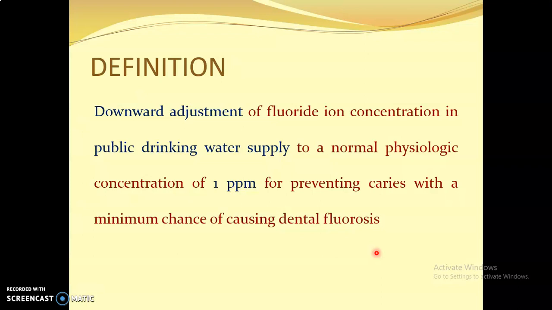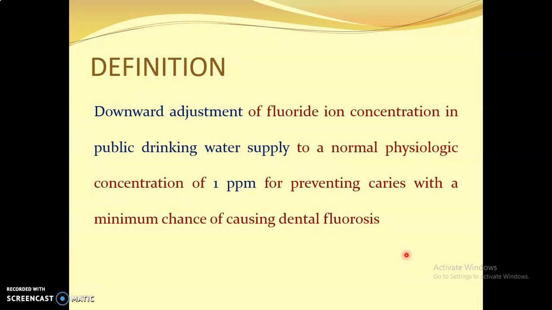That is what we discussed in the last class regarding the mechanism of action of fluorides in caries prevention. It is seen that when the fluoride concentration is 1 part per million, it is beneficial for preventing caries with a minimum chance of causing dental fluorosis. So defluoridation does not mean you are trying to completely eliminate the fluoride.